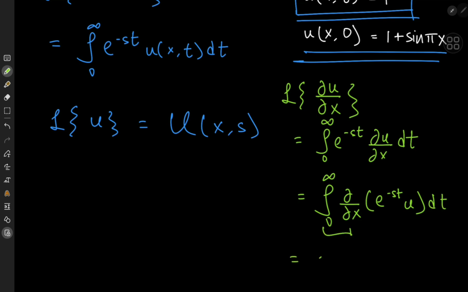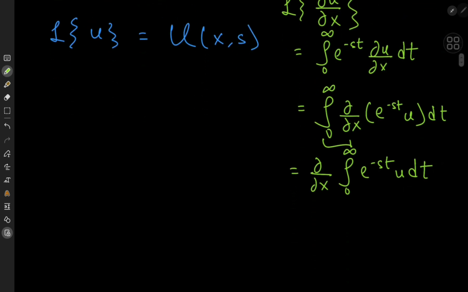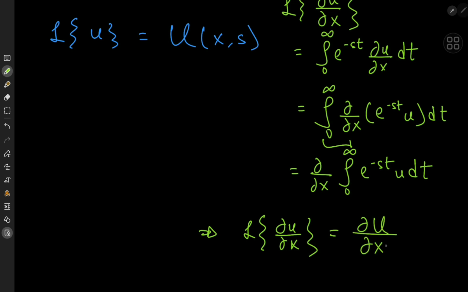We switch up the order, and we get the partial derivative with respect to x of the integral from 0 to infinity of e to the negative st times u dt. And the integral here is just the Laplace transform of u, so this implies that the Laplace transform of partial u by partial x is in fact equal to the partial derivative of uppercase U with respect to x.